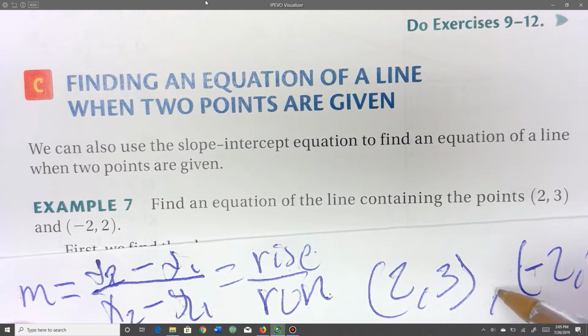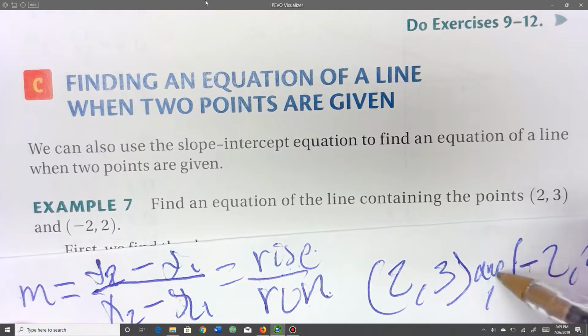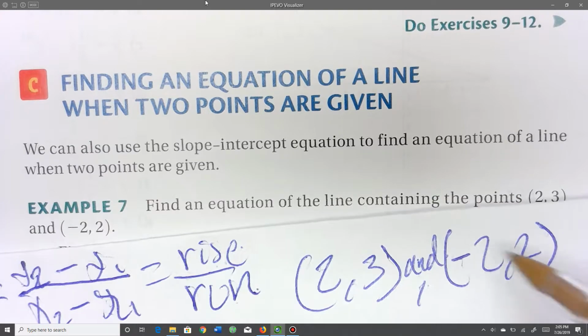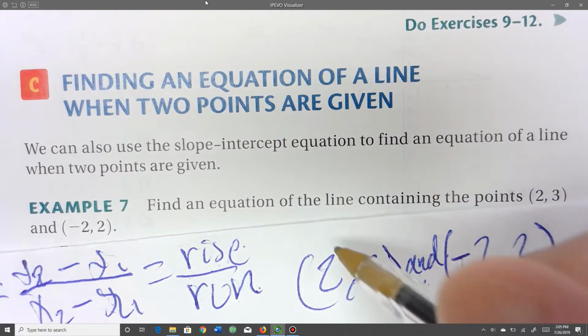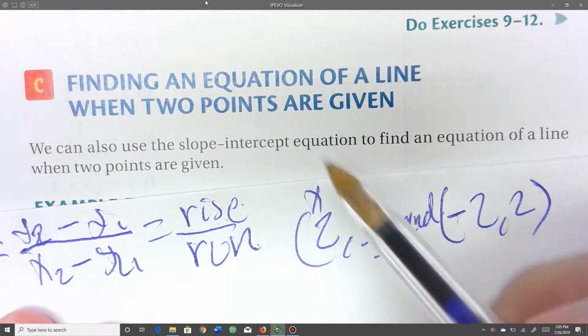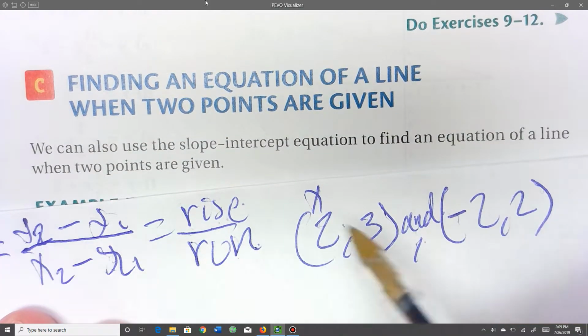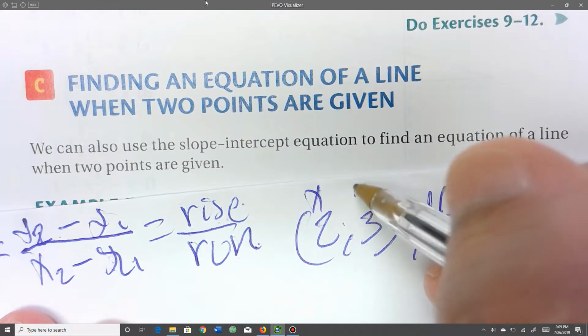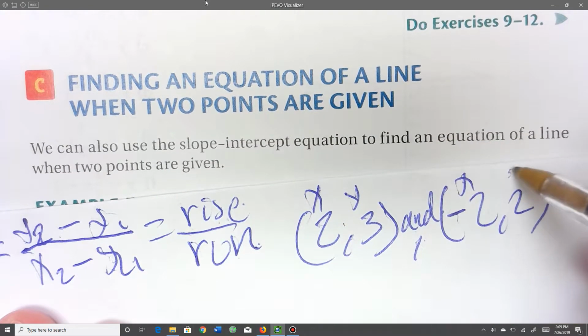You can separate these two by the word "and" or a comma. It's fine, it's not a problem. Okay, -2 and 2, and I need to label them. That's why I wanted to write them down here, because this makes it easier when plugging the values into the equation. So that's x y, x y, x y.